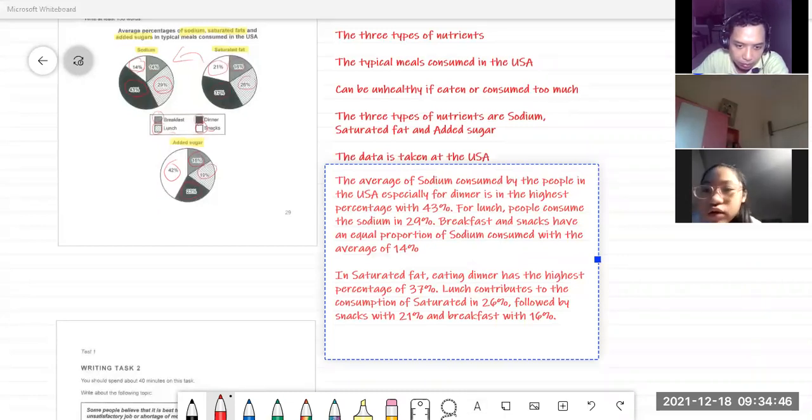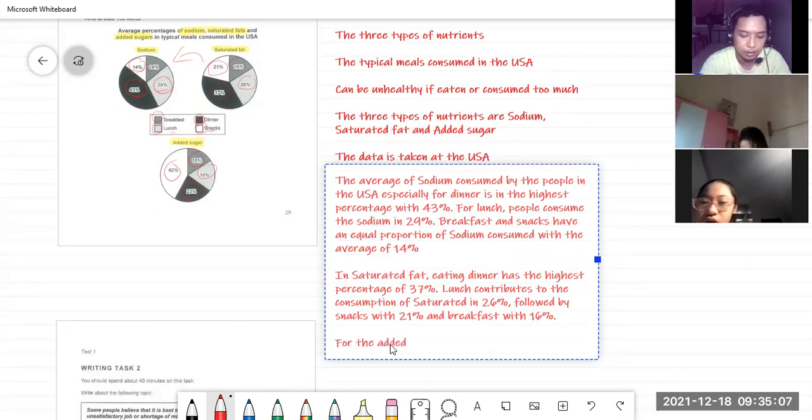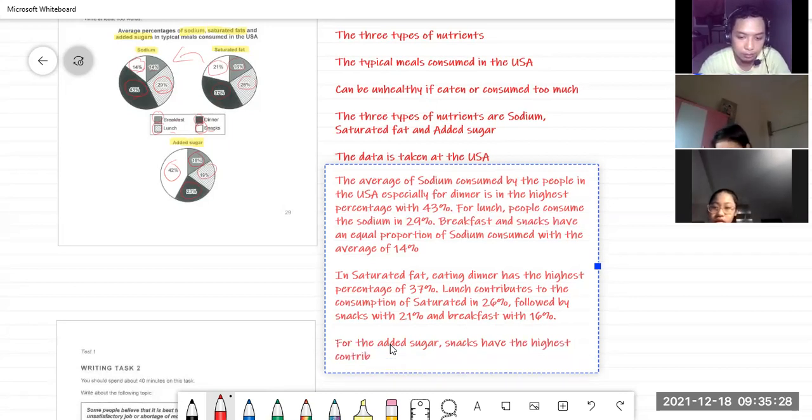For added sugar, snacks have the highest percentage, 42%.